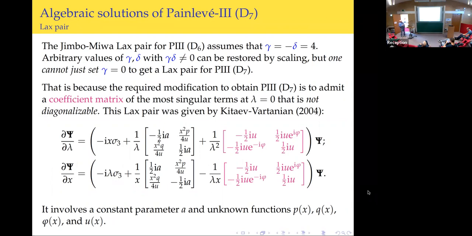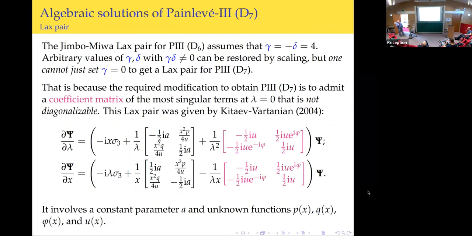So the thing is that what you can't do, no matter how much you'd like to, is just set gamma equals 0 in the Lax pair of Jimbo and Miwa, even after this rescaling, to wind up with a Lax pair for the D7 equation.